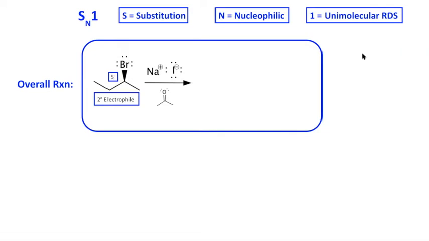S. Bromine's the highest priority, then the ethyl, the methyl, and the H is back. It's an easy one, counterclockwise. So remember, it's so easy to mix up the R and S's. I want all of you on the exam, when you're determining an R or S, to write that down. You'll do some other problems on the exam and then come back with fresh eyes to look at it again. So always double check your R and S work. All right, and then we have sodium iodide, and acetone is our solvent.